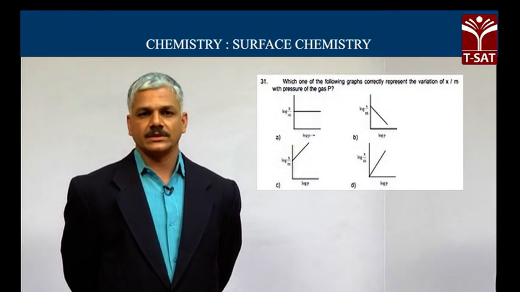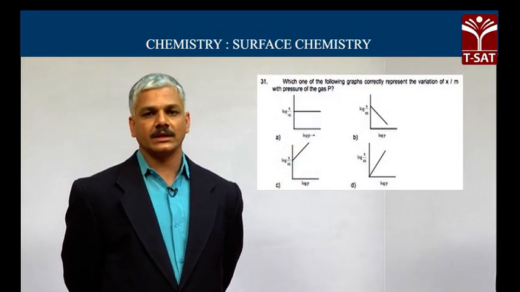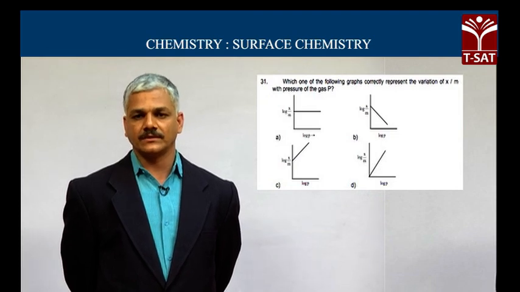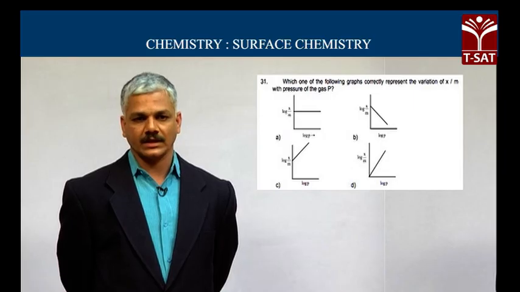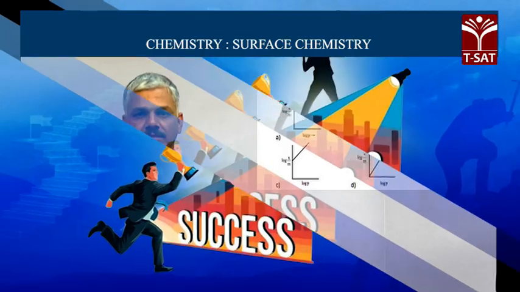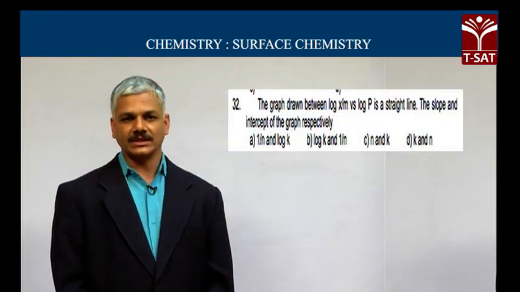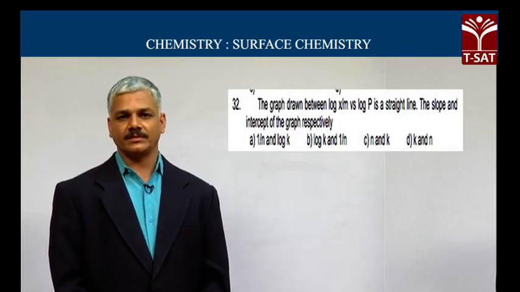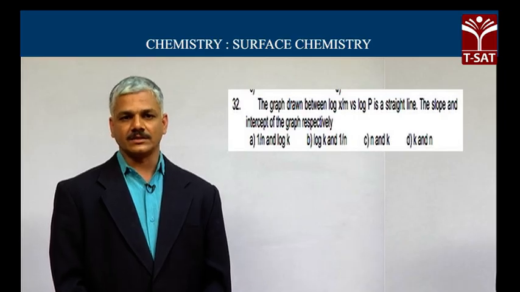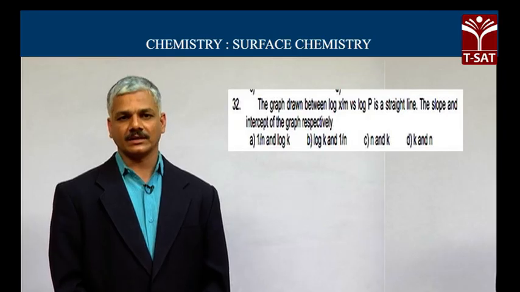31st question. Which of the following graph correctly represents the variation of extent of adsorption with the pressure of the gas? Correct option is C. 32nd question. The graph drawn between log x by m versus log p is a straight line. The slope and intercept of the graph respectively are.